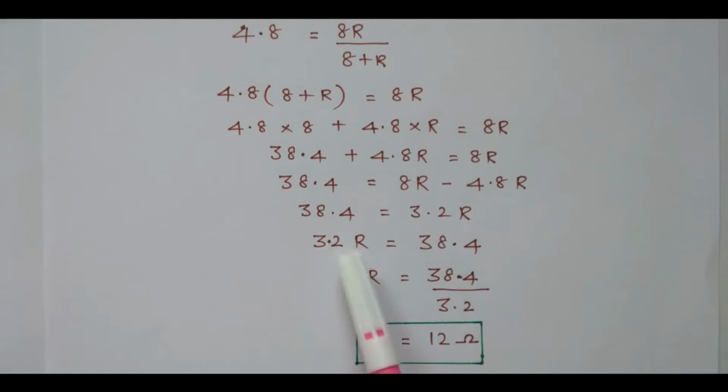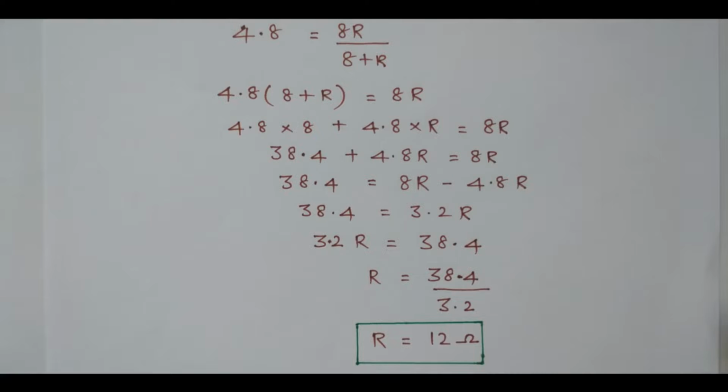So 3.2R equals 38.4. Interchanging both sides, R equal to 38.4, bring this 3.2 to the denominator. 38.4 divided by 3.2, so R equal to 12 ohm.